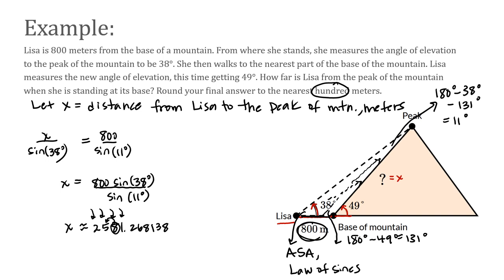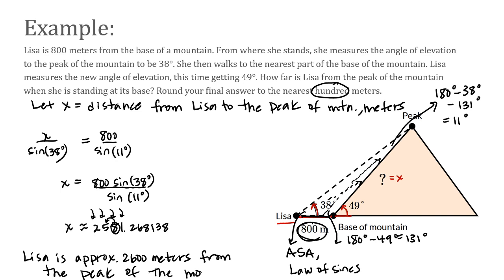So I'm going to say that Lisa is approximately 2,600 meters from the peak of the mountain. And I think that does it. So I use law of sines.